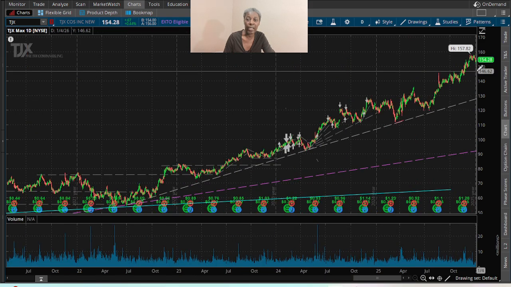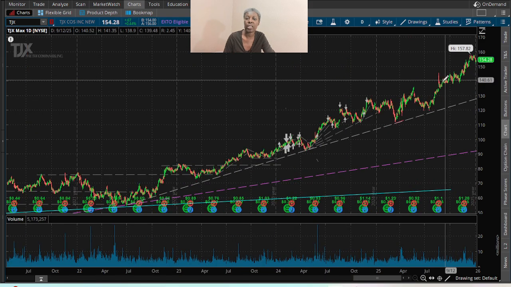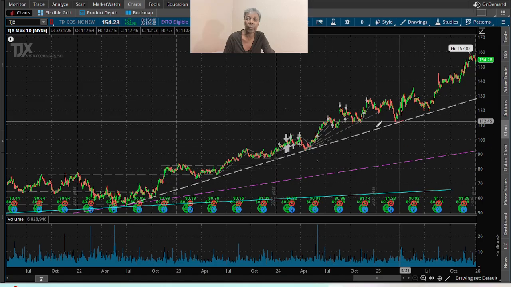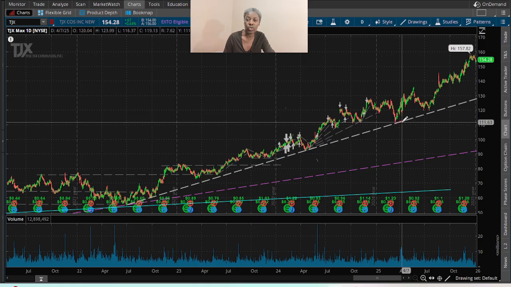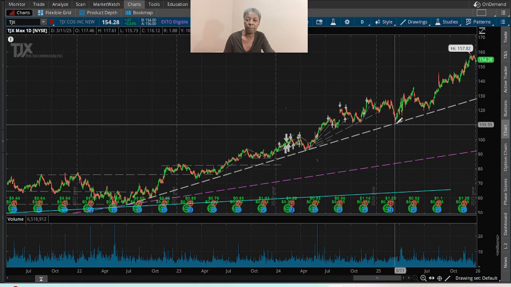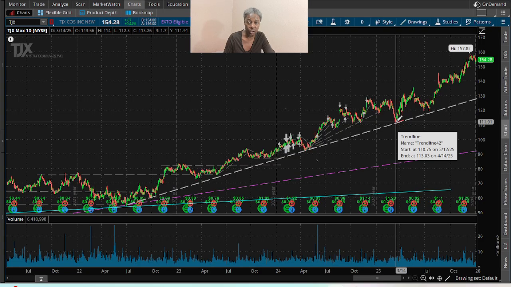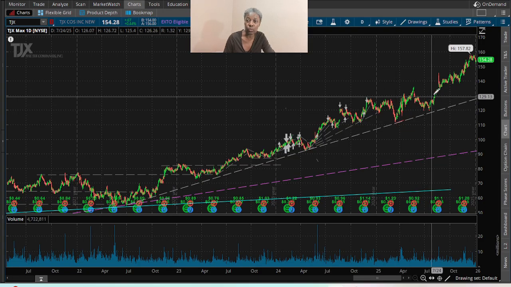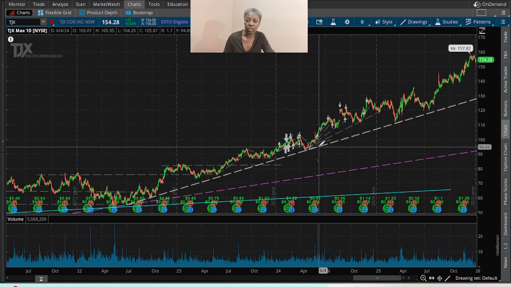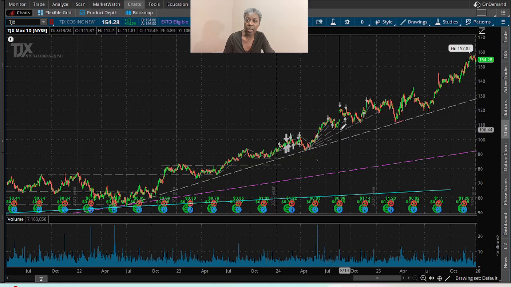If we had it in our portfolio, then we would be thinking more about selling, depending on where we bought it, because it has been on this growth for a while and touched base with this support line in 2025 and continued going up, and touched base in 2024 and continued going up.